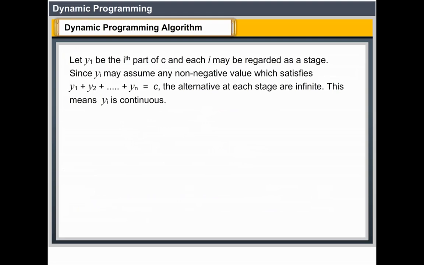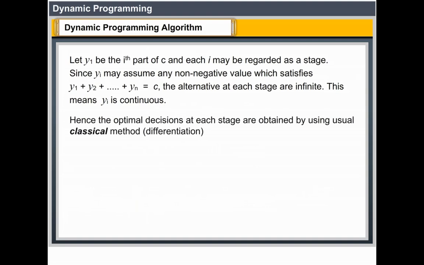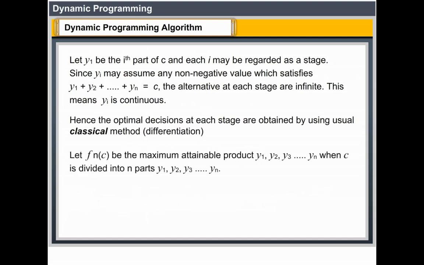Let yi be the ith part of c, and each i may be regarded as a stage, since yi may assume any non-negative value which satisfies y1 + y2 + ... + yn = c. Alternatives at each stage are infinite. This means yi is continuous. Hence, the optimal decisions at each stage are obtained by using the usual classical method, that means differentiation.